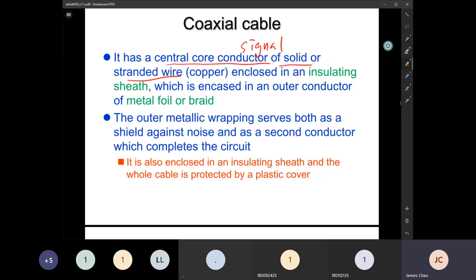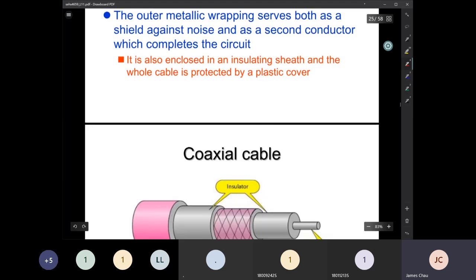Stranded wire means some part of the wire is made up of copper, and it is enclosed in an insulating sheath. Sheath means a protection. Which is further encased in the outer conductor of metal foil or braid. On the next page you can see the structure.